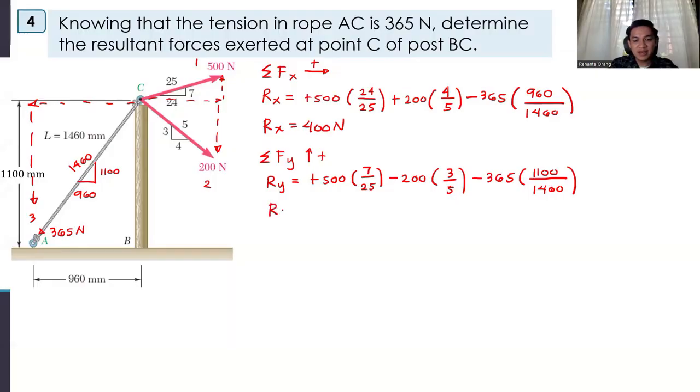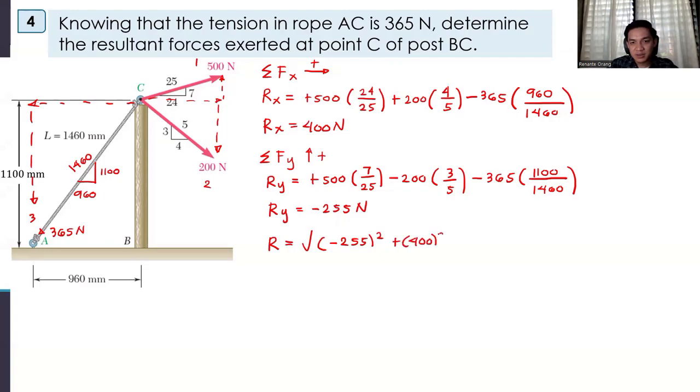So Ry natin class is equivalent to negative 255 Newton. Meron na tayong Ry and Rx. We can solve for our resultant which is equivalent to the square root of negative 255 squared plus 400 squared.